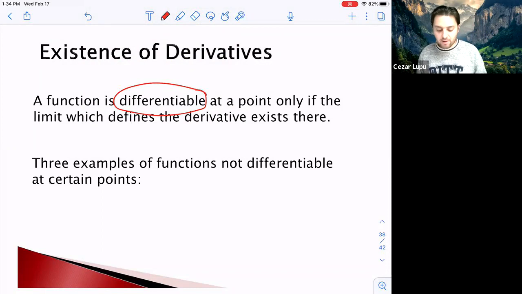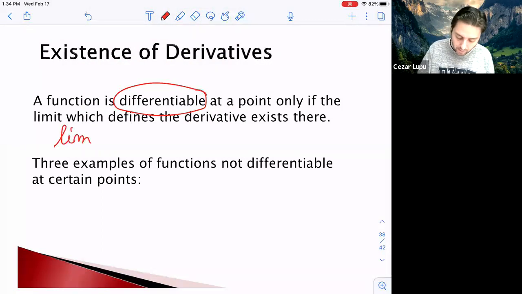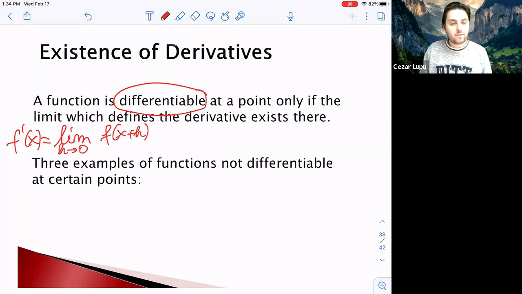A function is differentiable at a point only if the limit which defines the derivative exists there. Remember, f prime of x was nothing else than the limit as h approaches 0 of the difference quotient, which is f of x plus h minus f of x, everything over h.